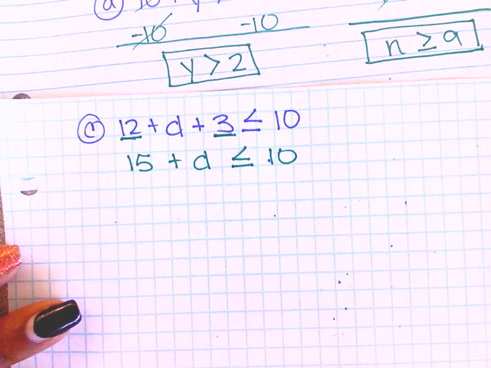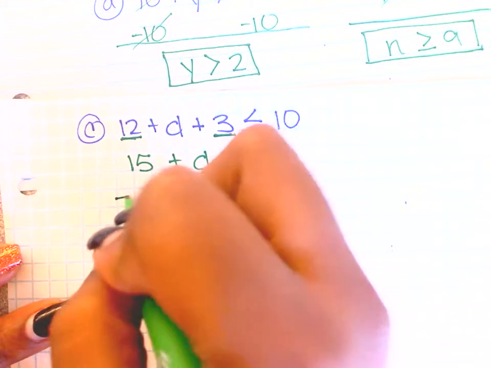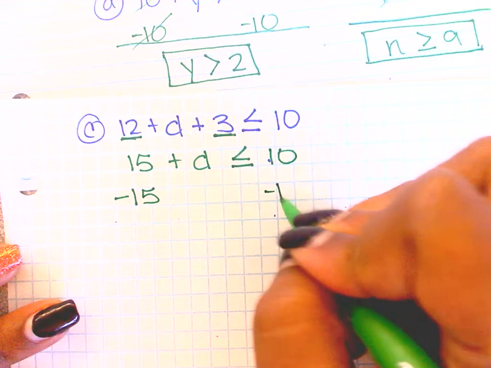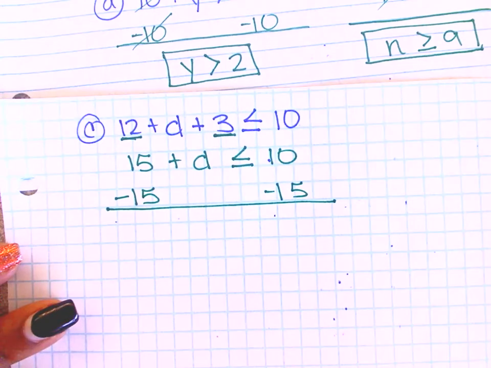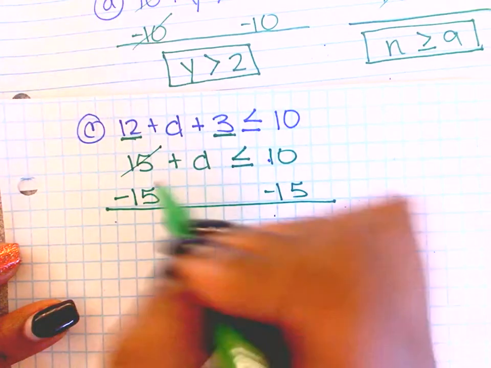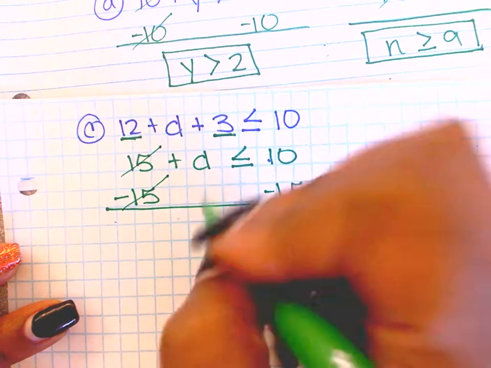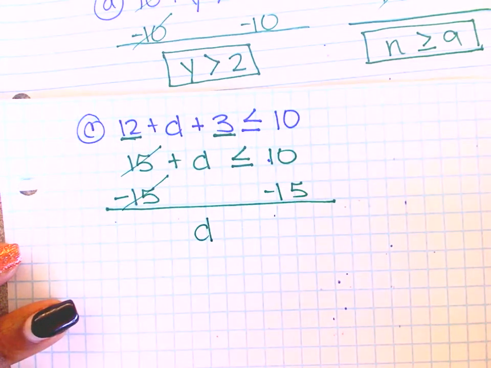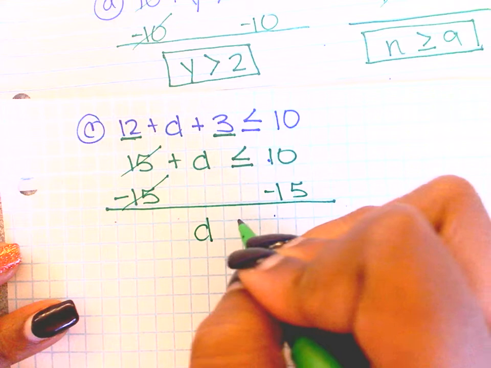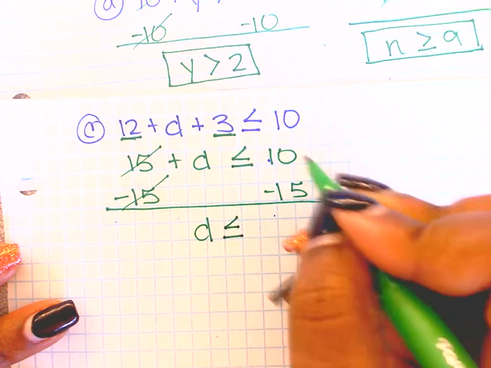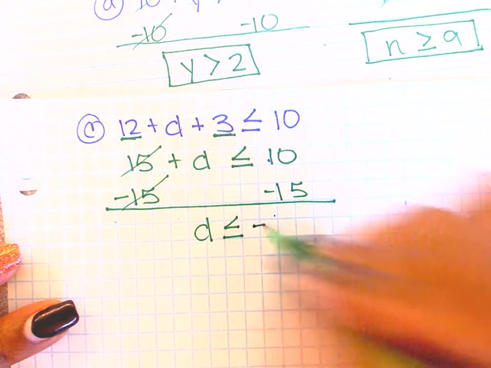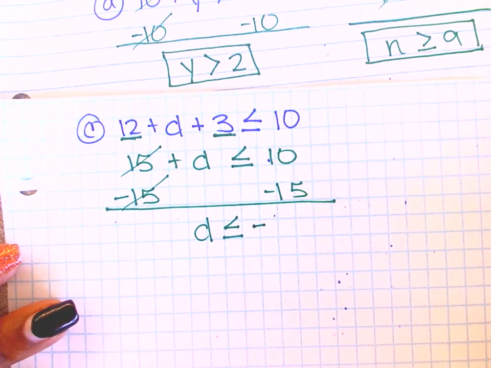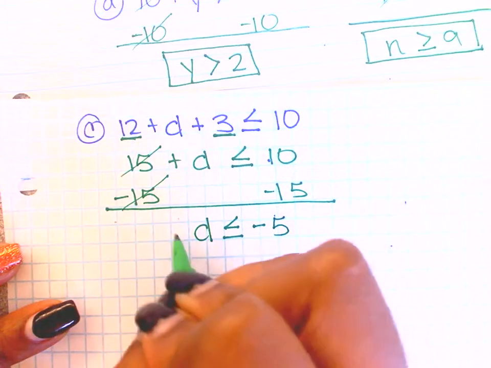So then I need to get d by itself, so I know that I need to subtract 15 from both sides, so it's a positive 15 on the other. And draw my line under. Positive 15 cancels out with negative 15, so I'm left with d on the left-hand side is less than or equal to 10 minus 15. Different sign, subtract, and keep the sign of the higher number, so I know it's going to be negative. 15 minus 10 is 5. So that's my answer.